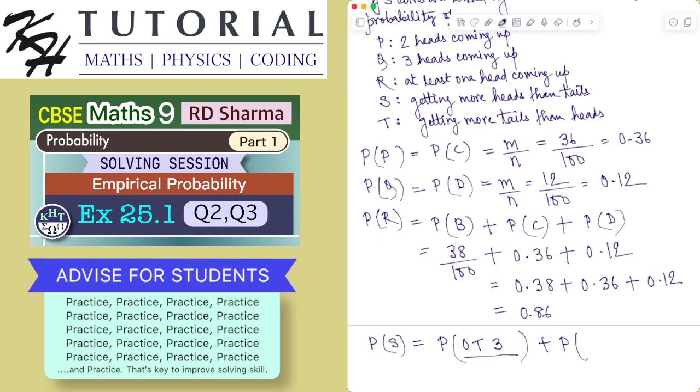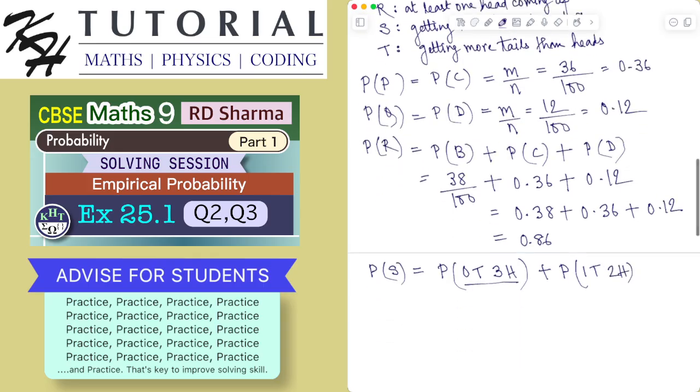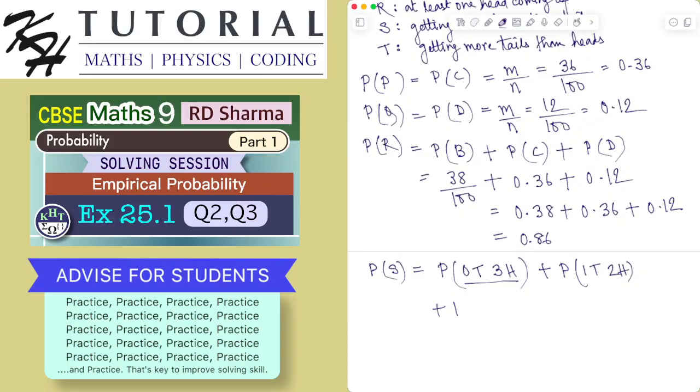Let's say 1 tail, obviously the remaining 2 have to be heads. We cannot have 2 tails because there are only 3 coins. If we want to have more heads than tails, then the number of tails can only be 0 tails or 1 tail. So we have this.